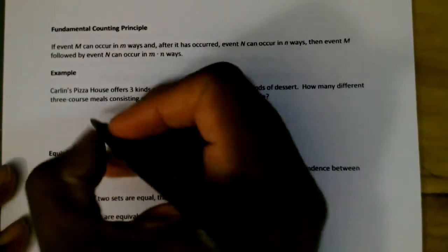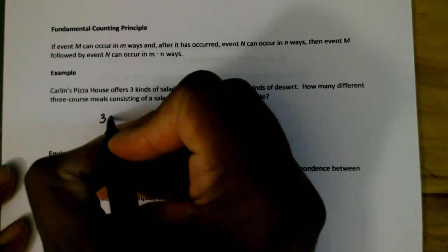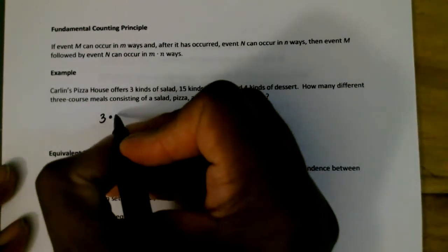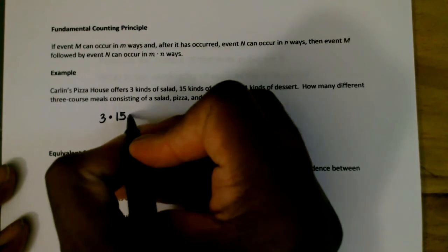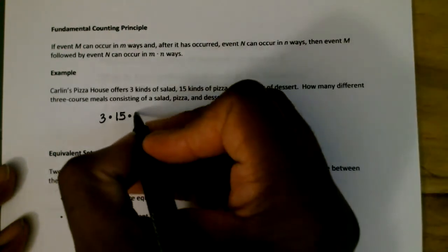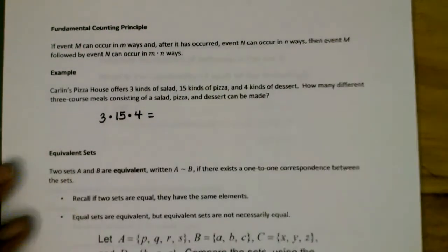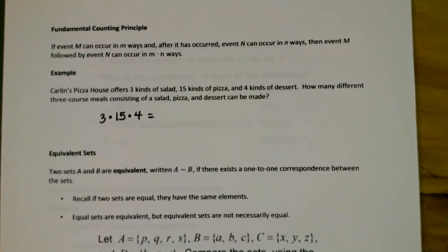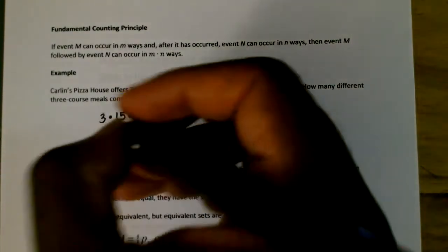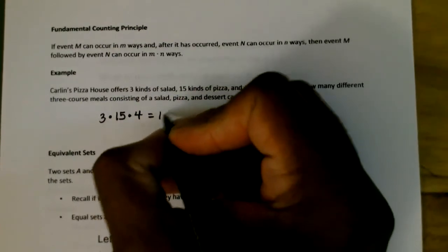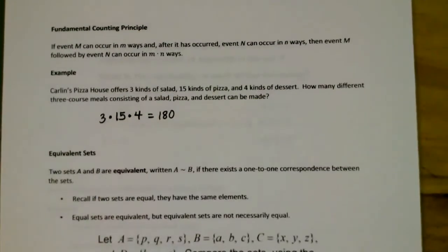So here, 3 kinds of salad, that would be 3, times 15 kinds of pizza, that's 15, times 4 desserts. So we're just going to multiply 3 times 15 times 4. And that would give us 180. So there's 180 ways of creating a 3-course meal that consists of a salad, pizza, and dessert.